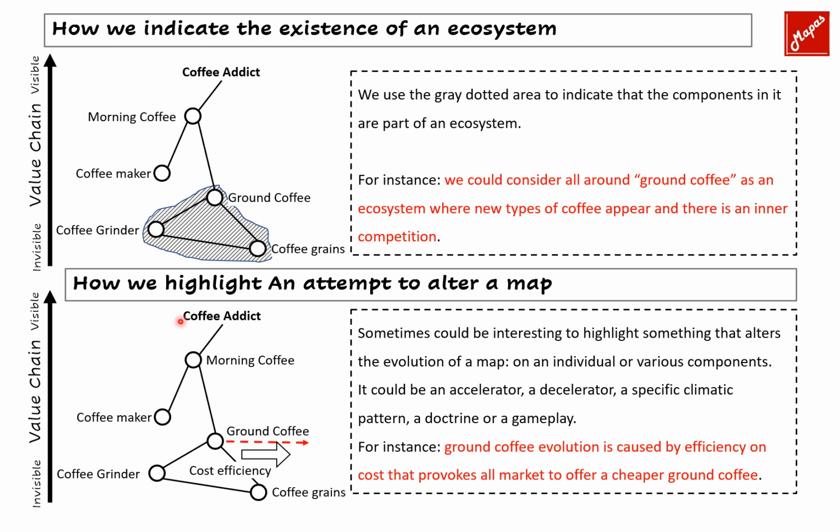How do we highlight an attempt to alter the map? With this arrow. In this case, we are representing that we believe the ground coffee is going to evolve through here.